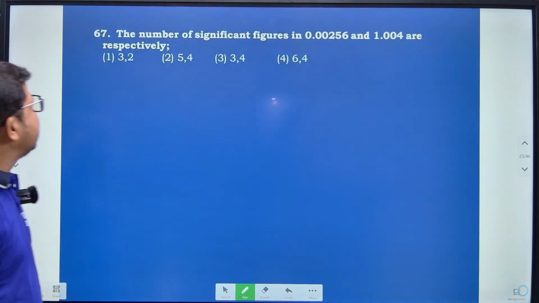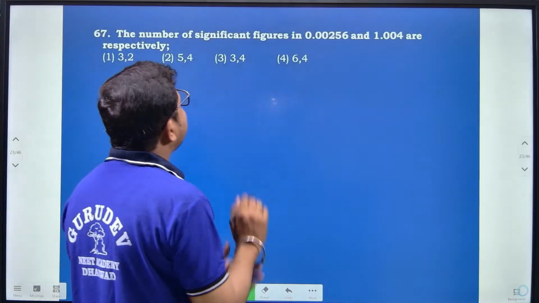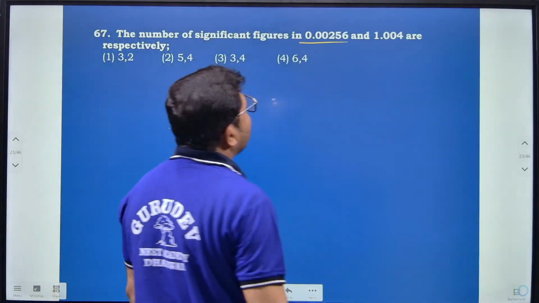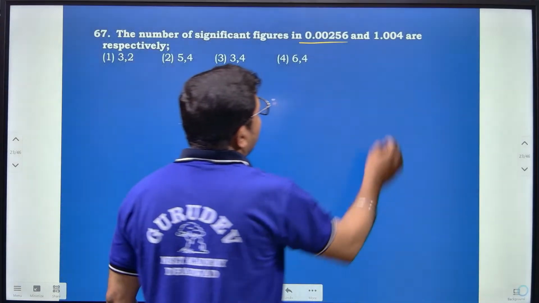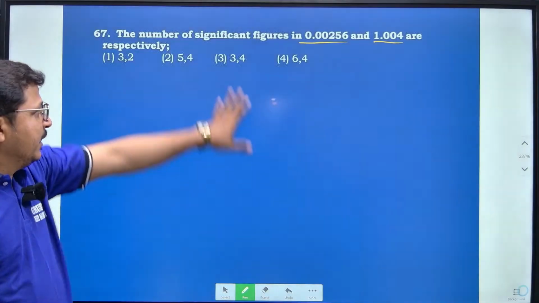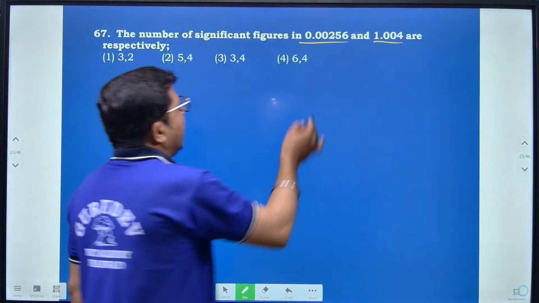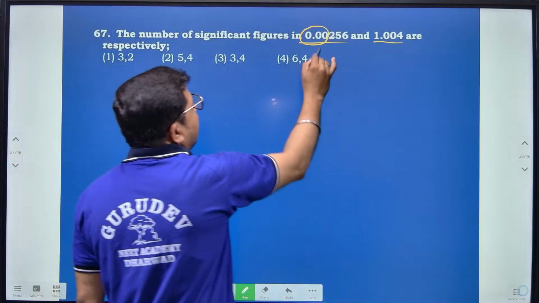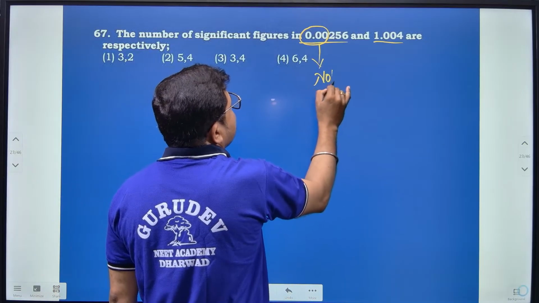Let's move to the question number 67. The number of significant figures in 0.00256 and 1.004 are respectively. Simple. In the first number, the zeros preceded by non-zero digits are not significant.